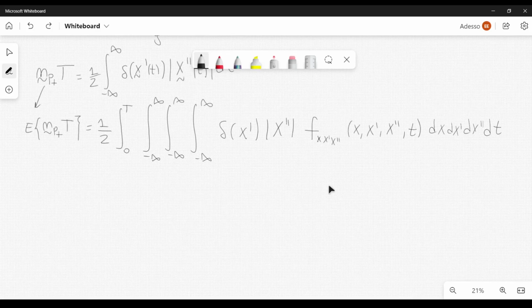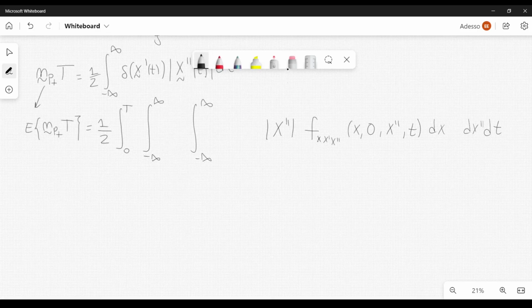And now we can integrate over x prime here, because we have this Dirac delta, which makes the integration quite simple. If I integrate over x prime first, I will get rid of the Dirac delta, and instead of x prime here I can evaluate this density at 0, and I can get rid of this differential. And I also have to cancel one integral sign here.